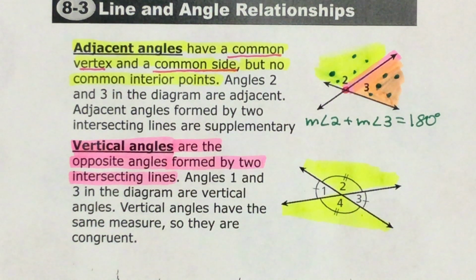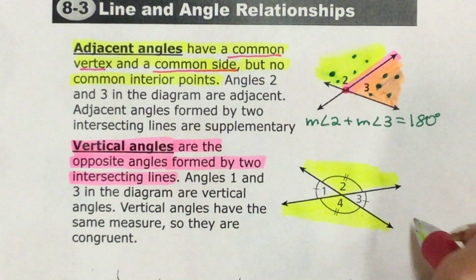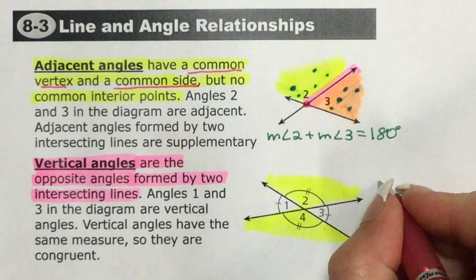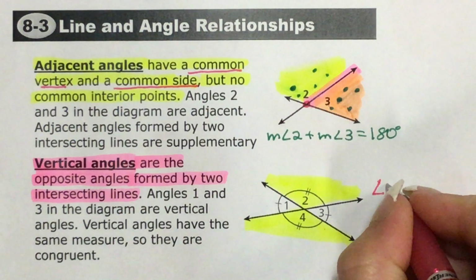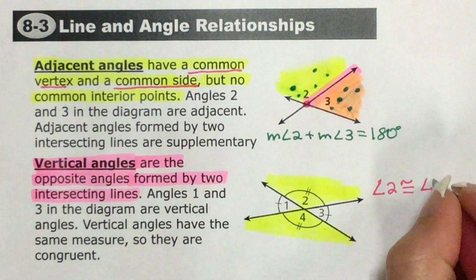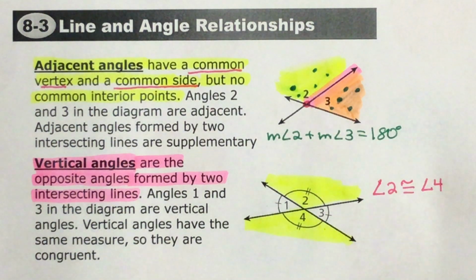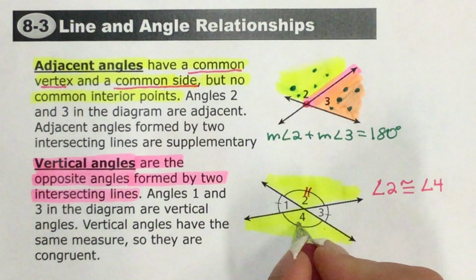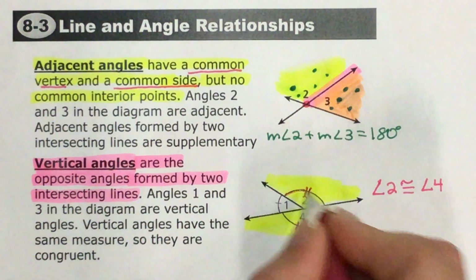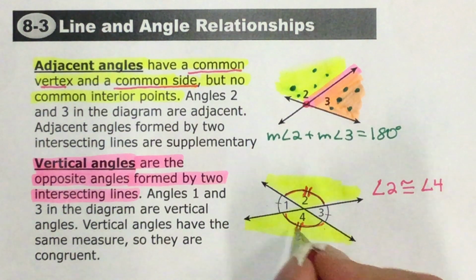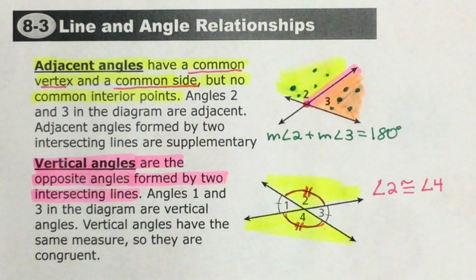So we can actually say that angle 2 is congruent to angle 4 because they're vertical angles. There's this arc for the angle and the two tick marks here, the arc and the two tick marks there. That means that they are vertical angles and they are congruent.